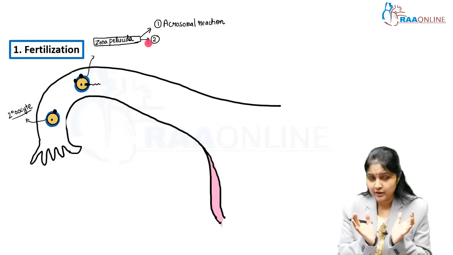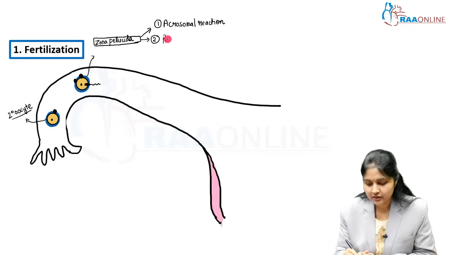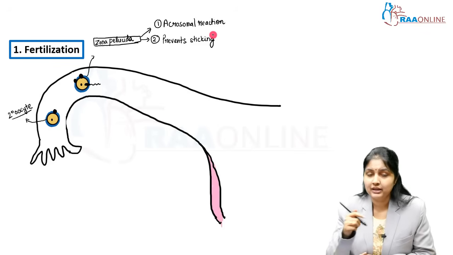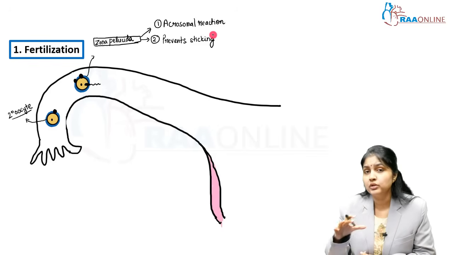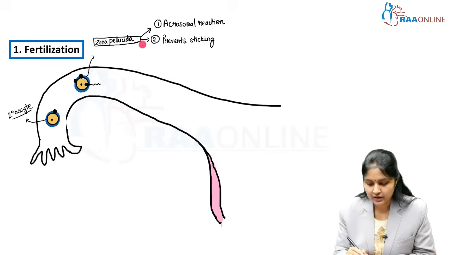So the zona pellucida acts like a film or a layer that prevents the stickiness of this early embryo, preventing sticking or attaching of this early embryo into the tubes. It helps the embryo keep traveling through the tubes till it reaches the endometrial cavity.